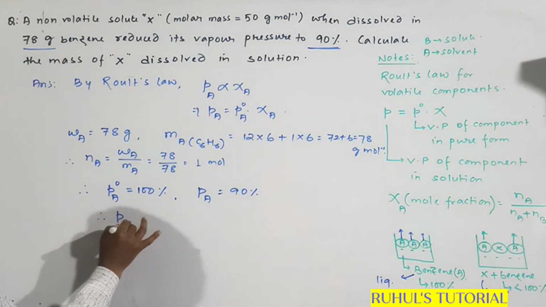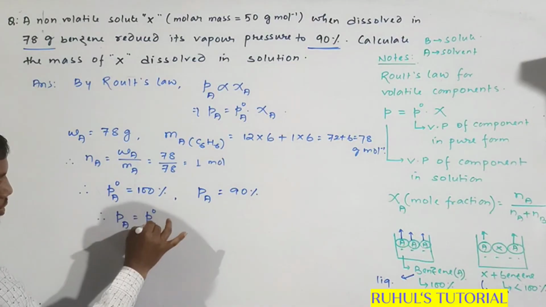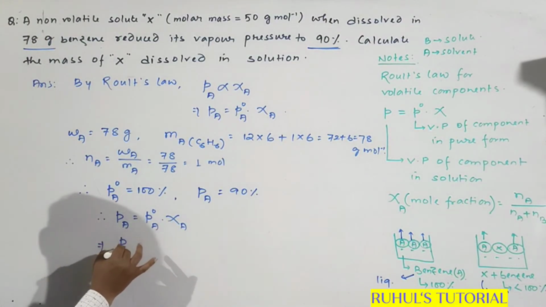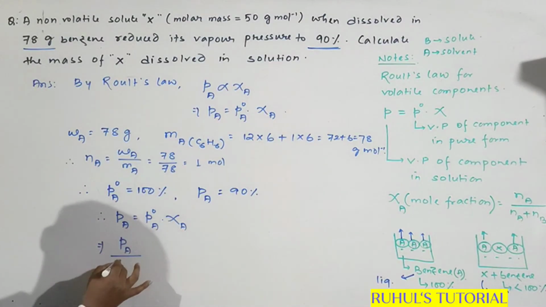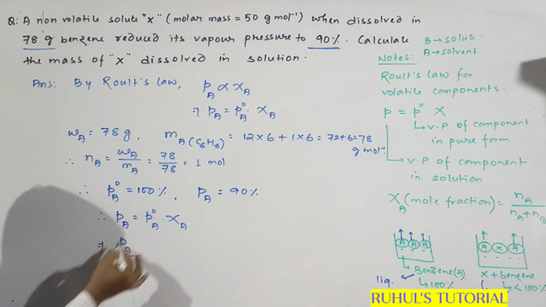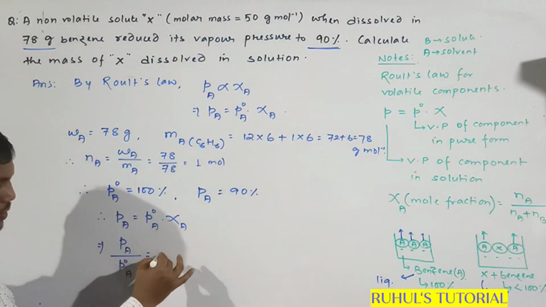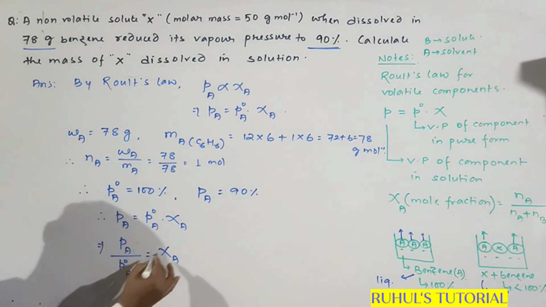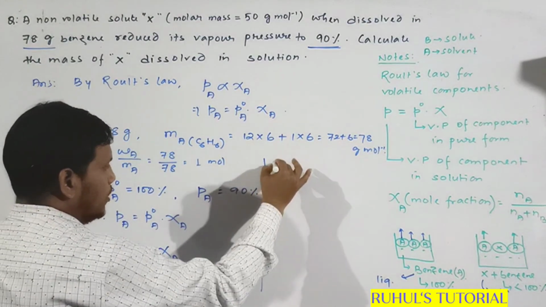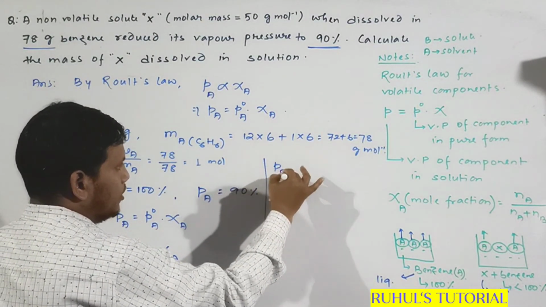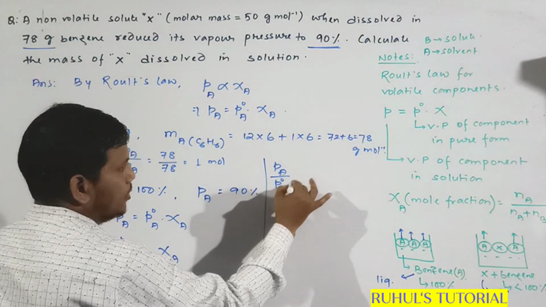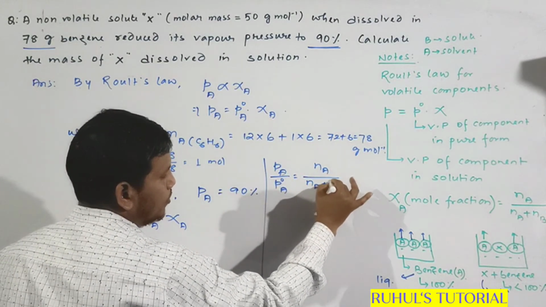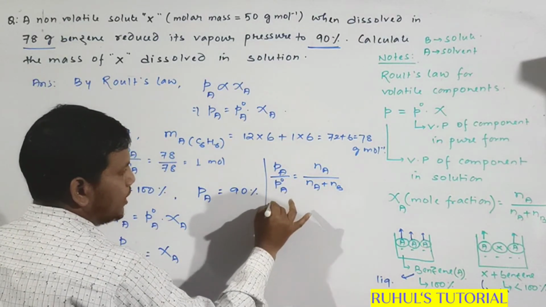Therefore, by the formula PA is P naught A times the mole fraction of A, which can be written as PA divided by P naught A equals the mole fraction of A. And the mole fraction of A is PA by P naught A, which equals moles of A by total moles, A plus B. Put in the values.